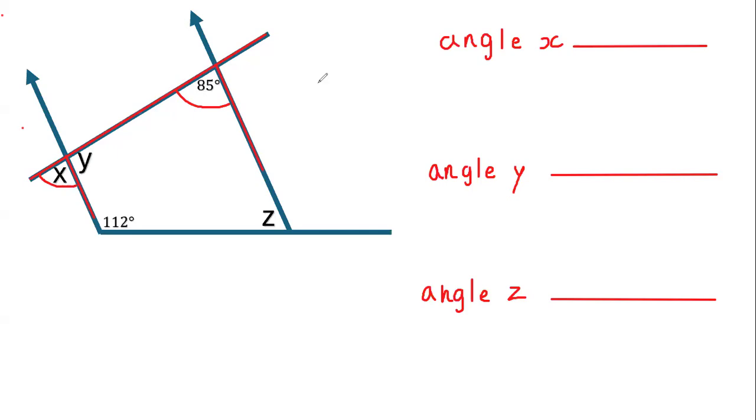When we say common point, we mean all of them have to meet at a common point. So A, B, and C add up to 180 degrees, but X and 85 are not at a common point. You understand what I'm saying?